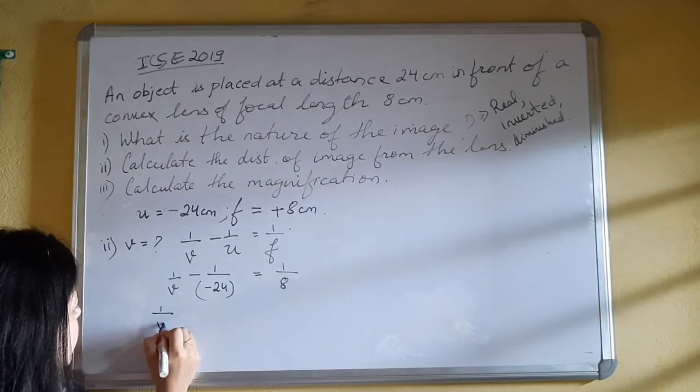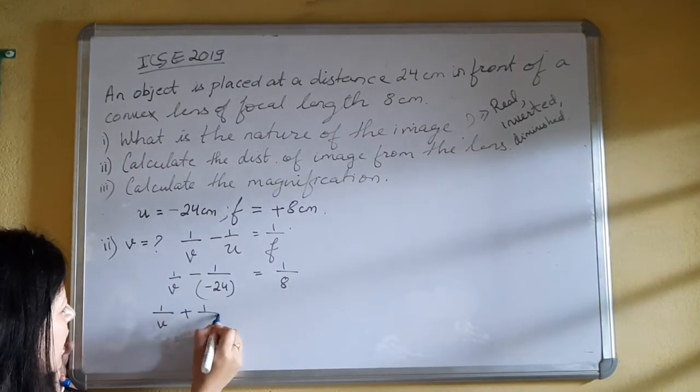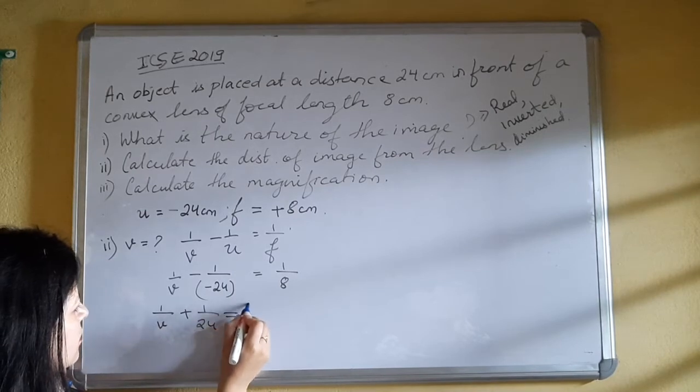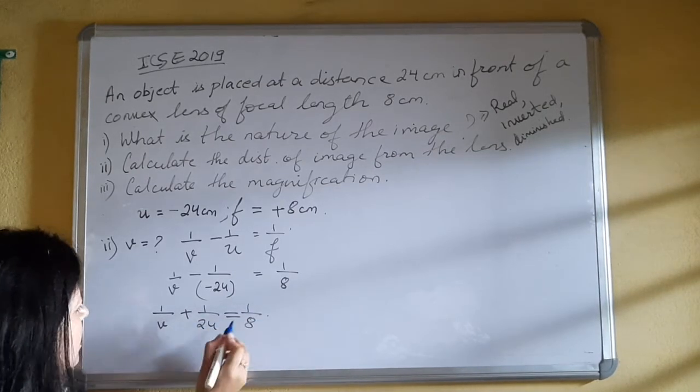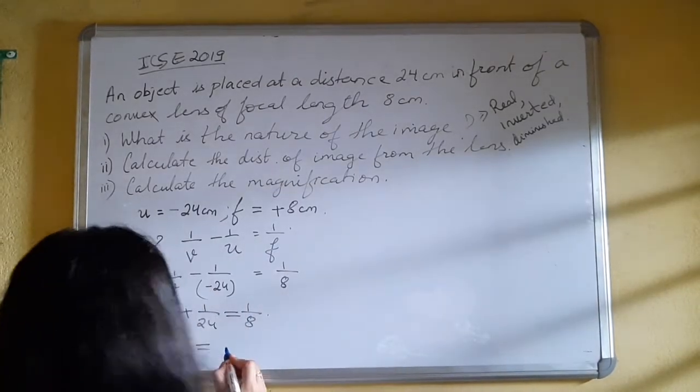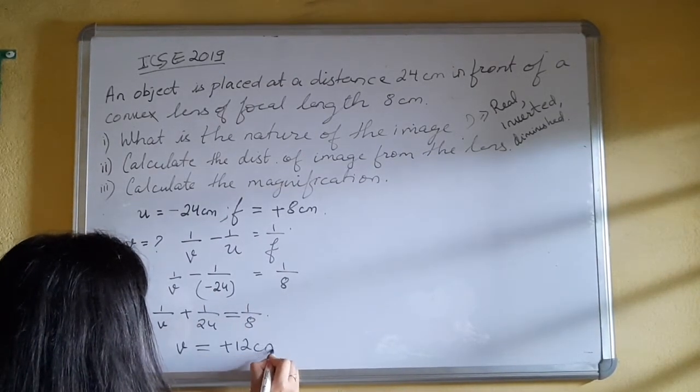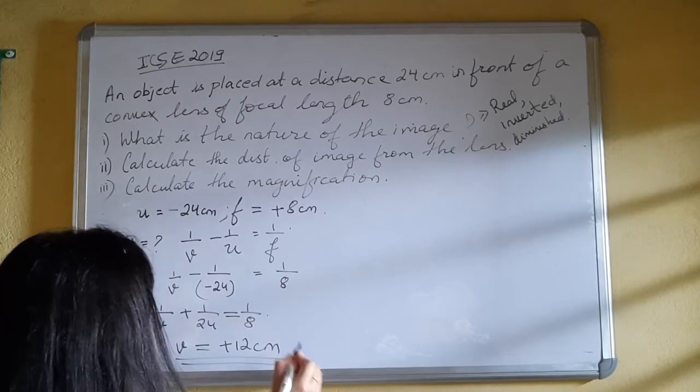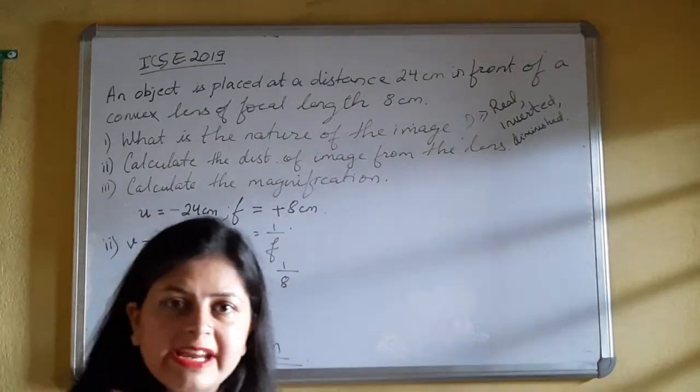So 1 by v minus minus, plus 1 by 24 is equal to 1 by 8. On solving this, you will get v is equal to plus 12 centimeters. So the image is formed at a distance 12 centimeters towards the right of the lens.